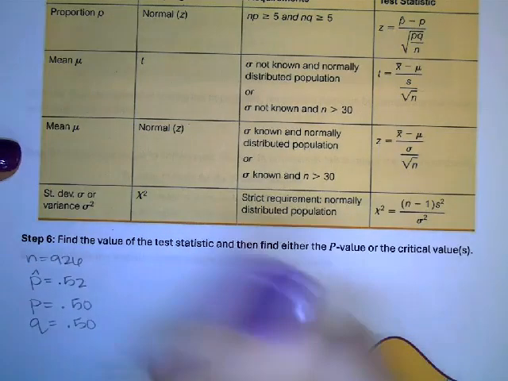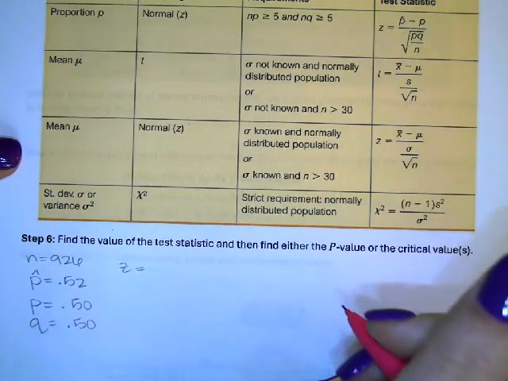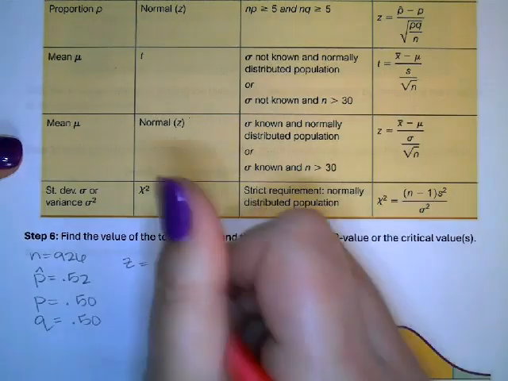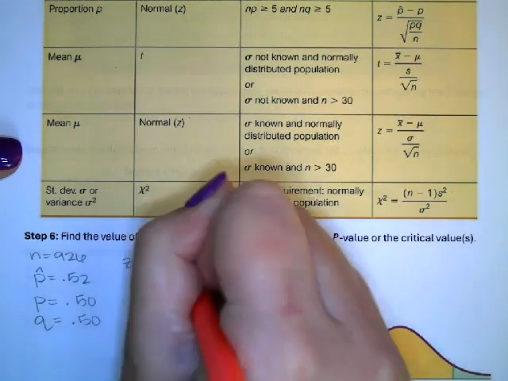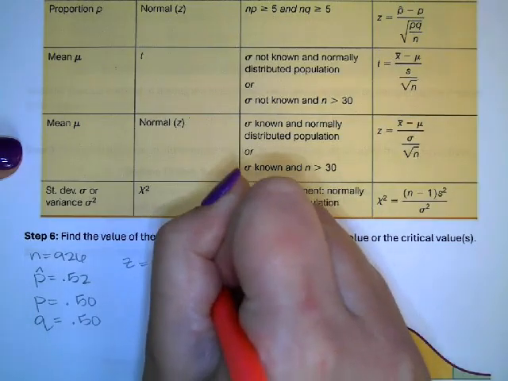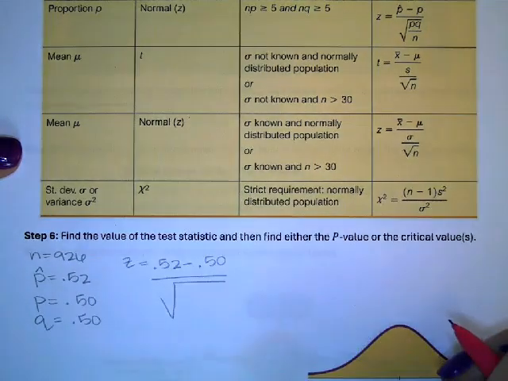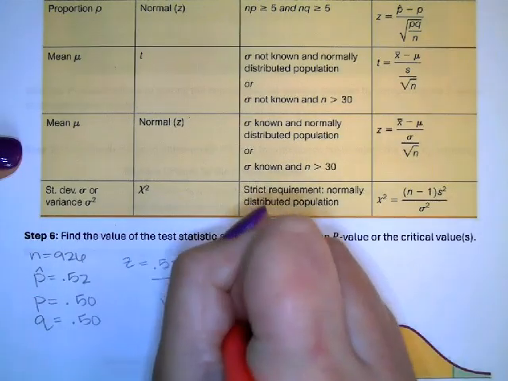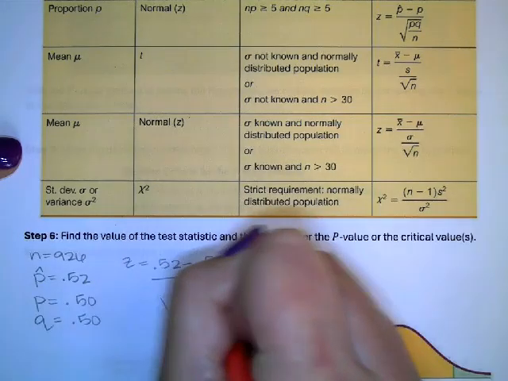Okay, so the z-score is, I don't know if you can hear my dog, but he's growling. The z-score is 0.52 minus 0.5 over the square root of p times q, so 0.50 times 0.50 over the sample size, 926.